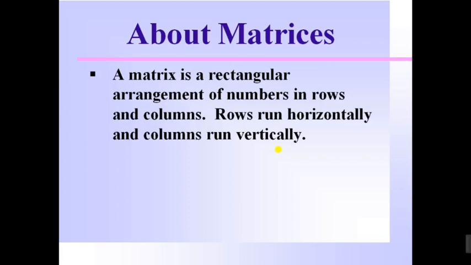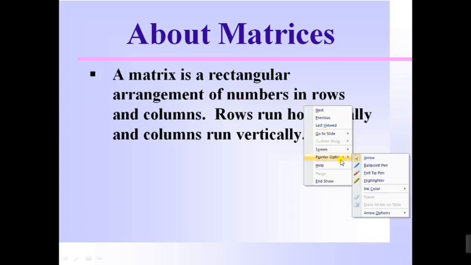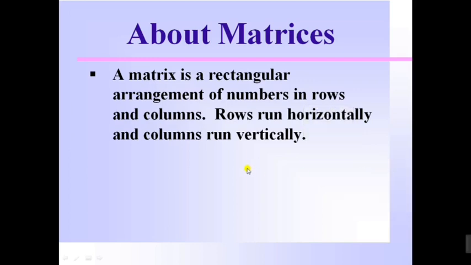A matrix is a rectangular arrangement of numbers in rows and columns. So, what is the meaning of rectangular arrangement in terms of rows and columns? Suppose I'll give you some numbers like 1, 2, 3, 4.